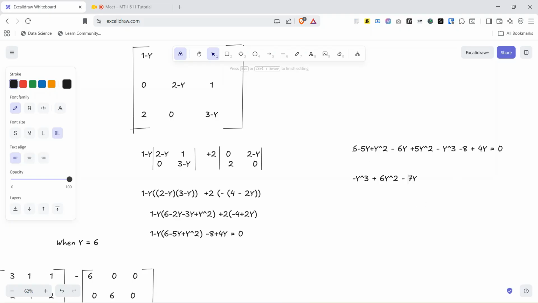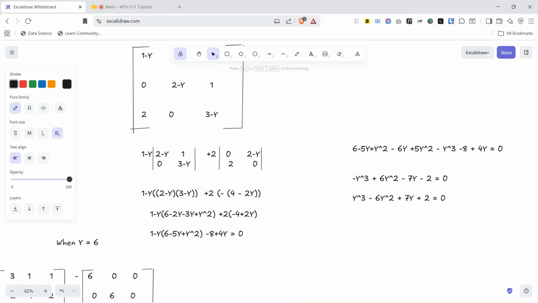Then 6 minus 8, that is minus 2. Minus 2 equals to 0. So this would be lambda cube minus 6 lambda square plus 7 lambda plus 2 equals to 0. I hope you understand how we got this.